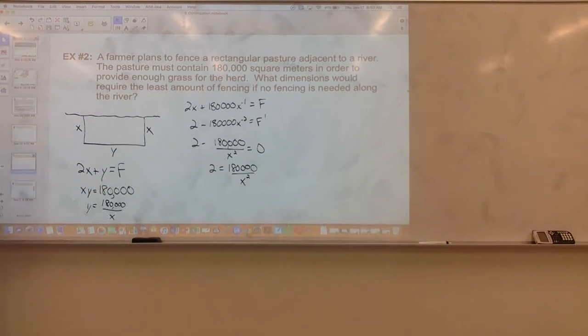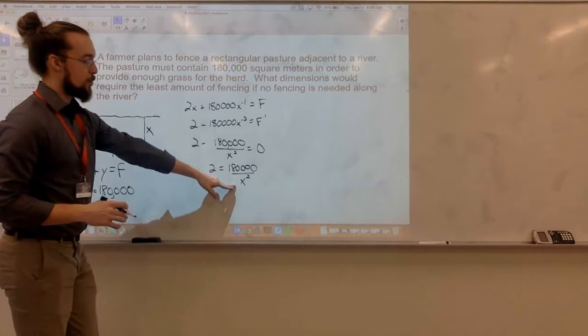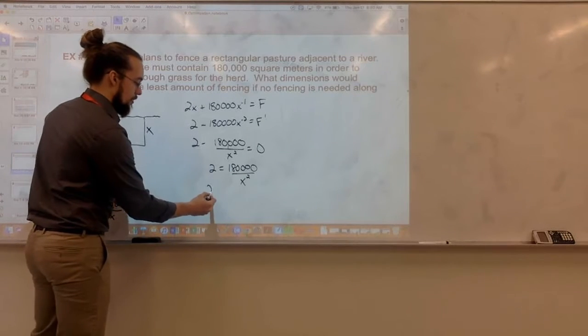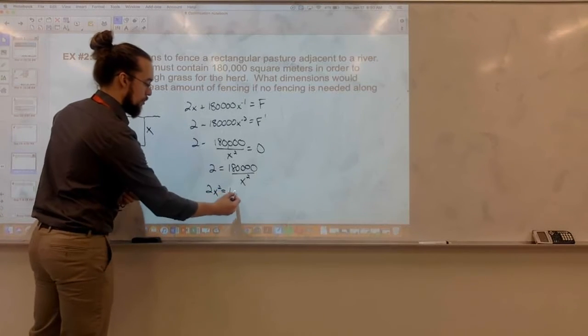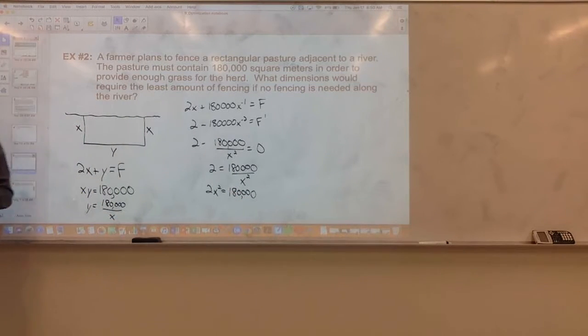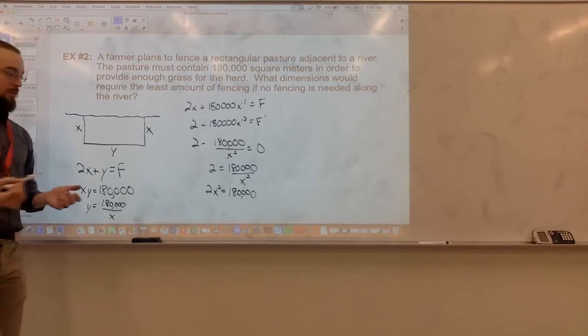The reason I think it's easier to think about this as over x squared instead of times x to the negative second is that we can cross multiply now. If I cross multiply, I would just have 2x squared equals 180,000. Divide by 2.